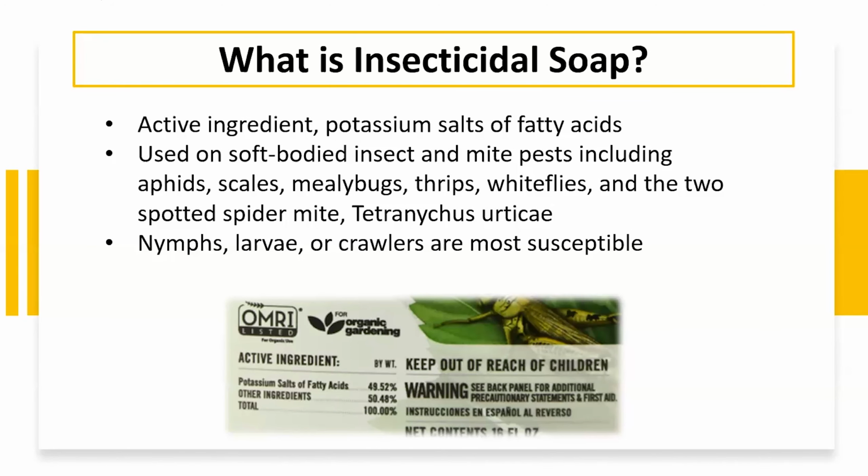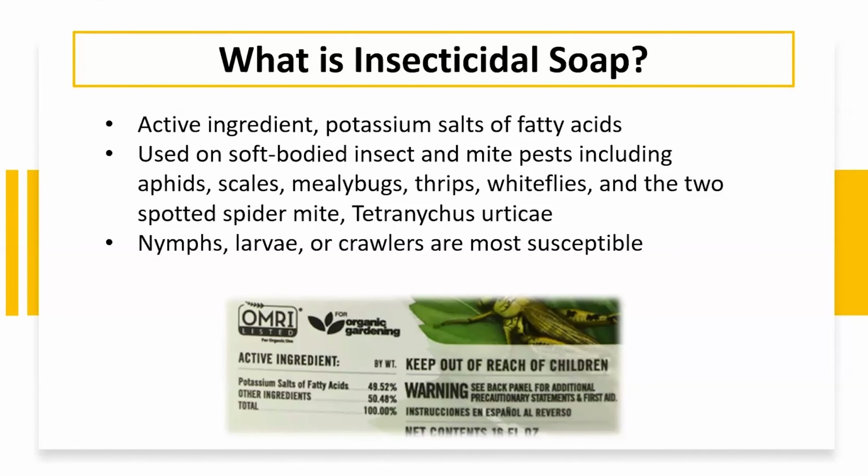Most of these are used on soft-bodied insects and on mites, which include aphids, scales, mealybugs, thrips, whiteflies, the two-spotted spider mite, and Tetranychus urticae. If your Latin is much better than mine, go ahead and try to pronounce it.